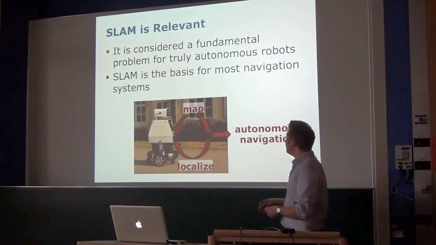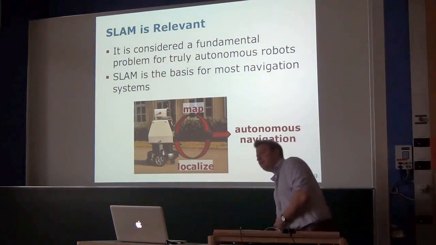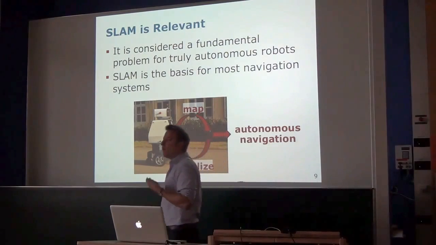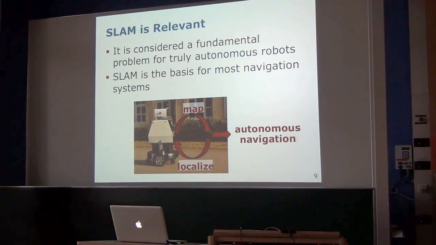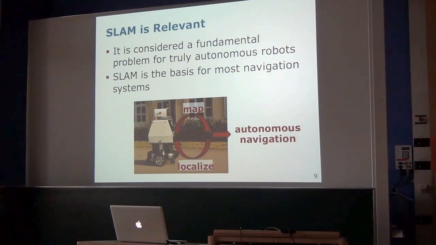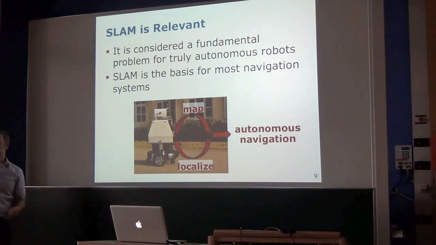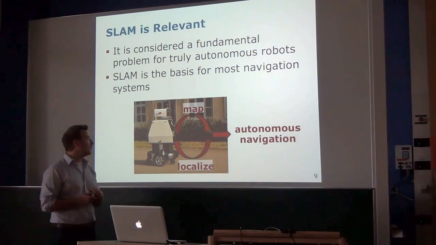And so it's a pretty important task, because only if I have a map of the environment and I know where I am in the environment, I can actually use those models in order to create navigation actions. So to tell the robot where to go to reach a certain target location where the system wants to go.